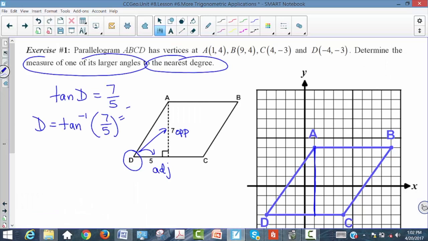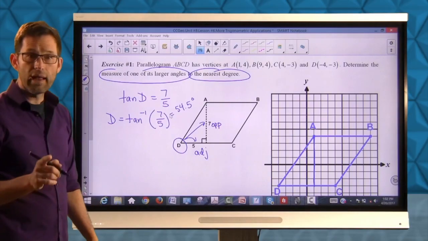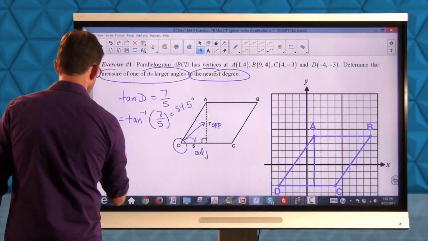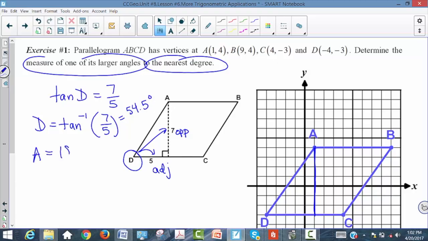All right, 54.5 degrees. And now the measure of angle A, right, or C, it doesn't matter, will be 180 minus D. So that's 180 minus 54.5. Let me go back over to my calculator really quick.